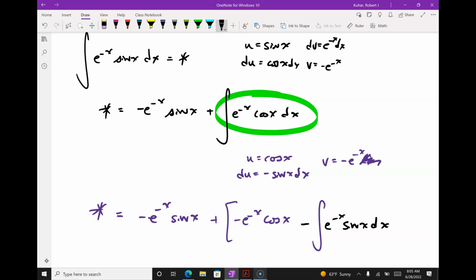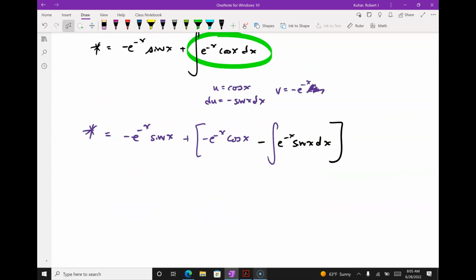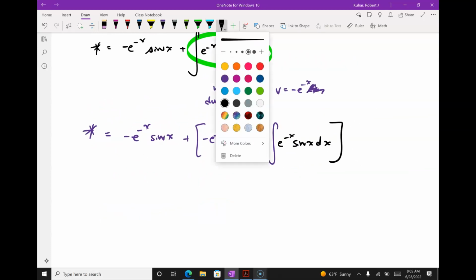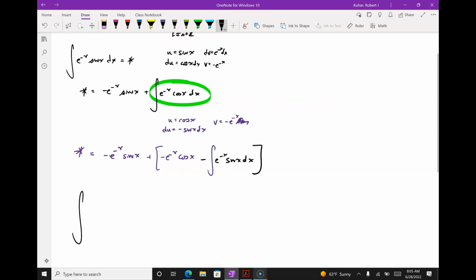And you can see that's my original problem, right? That's the original problem. So I want to now realize that I want to write that original problem here, and then my solution.